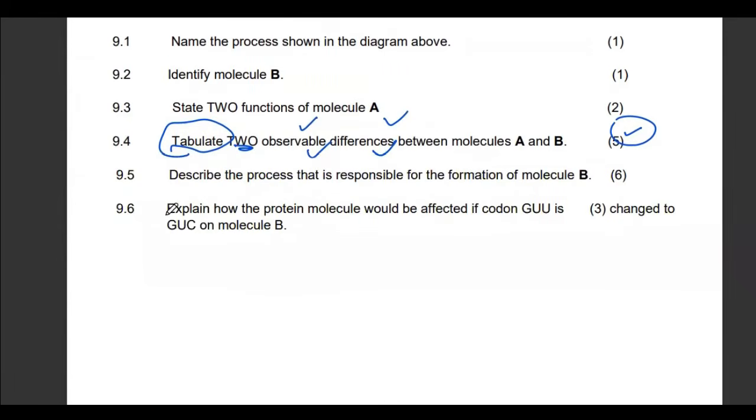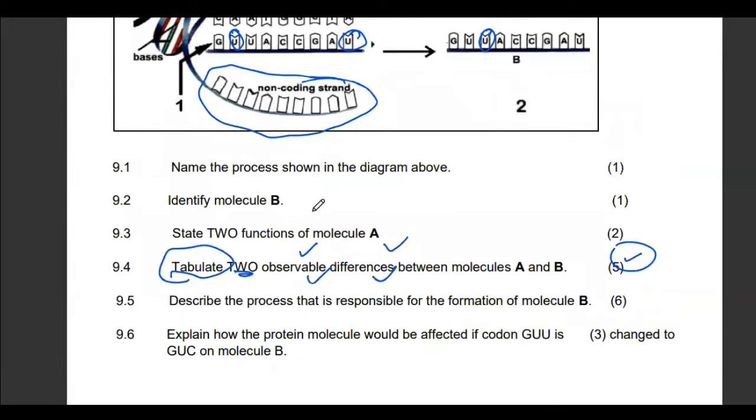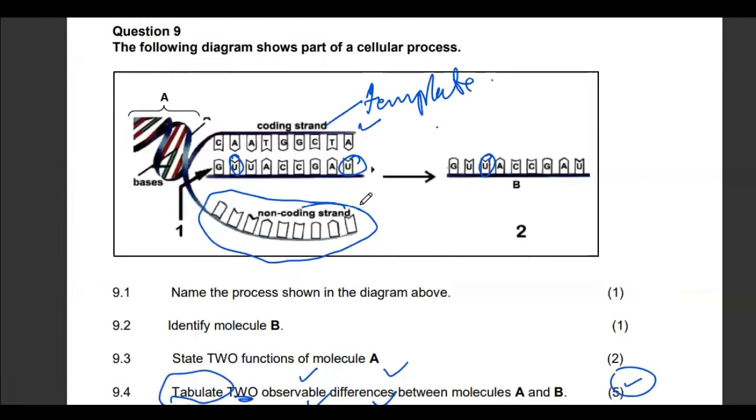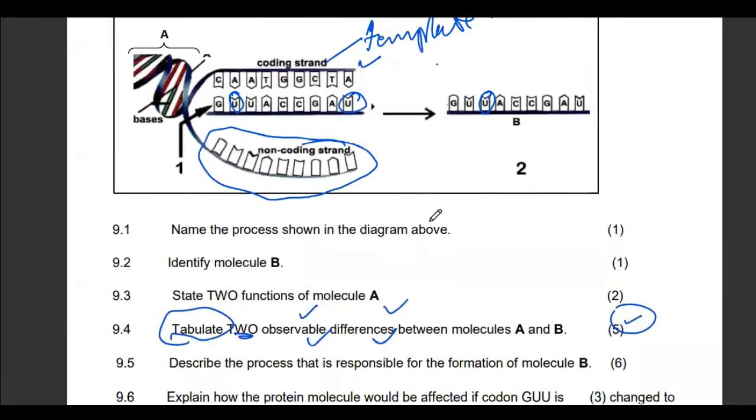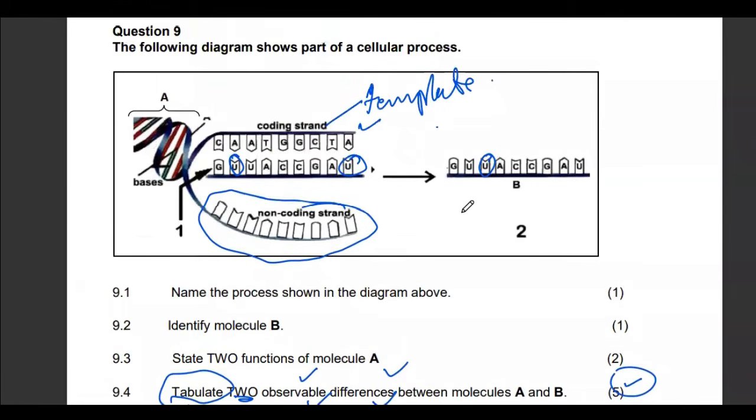So what are they looking for here? Describe the process that is responsible for the formation of B. If you look at B, it is messenger RNA. So how do you describe it? As I told you, talk about the DNA double helix unwinding, weak hydrogen bonds breaking, and unzipping.